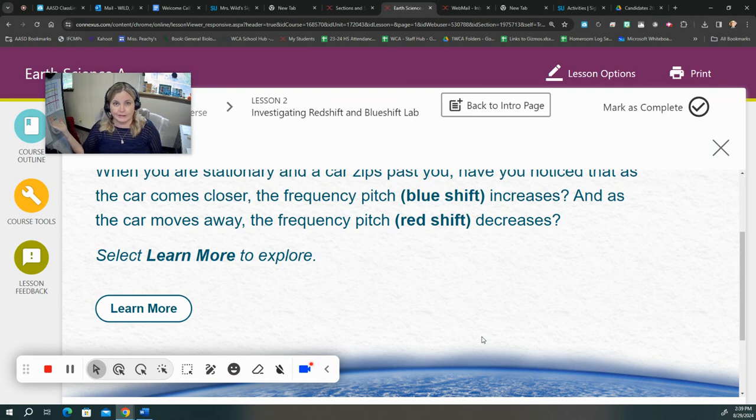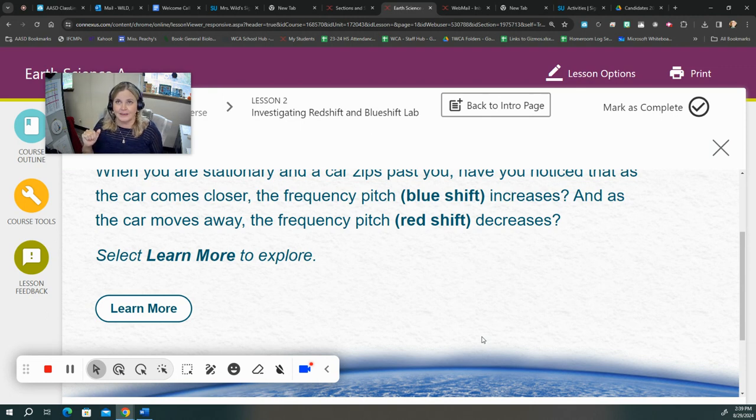As a siren moves towards you, it's going to change in pitch, and if it moves away from you, it does that as well. It's like, nee, nee, nee. So towards you is a higher pitch, away from you is a lower pitch. Because as it moves towards you, the wavelengths squish together.